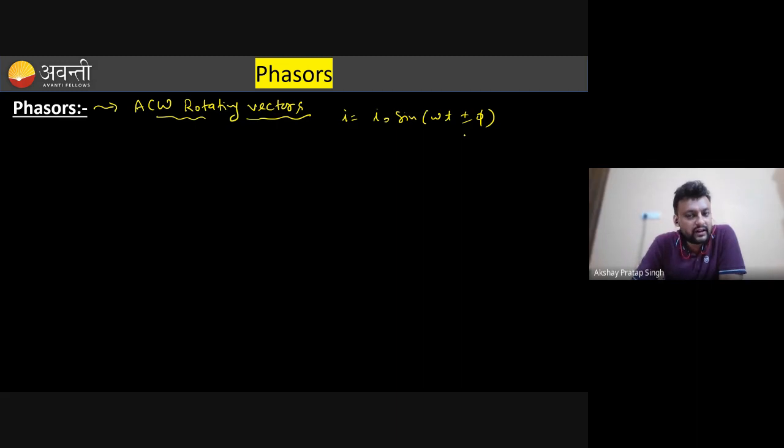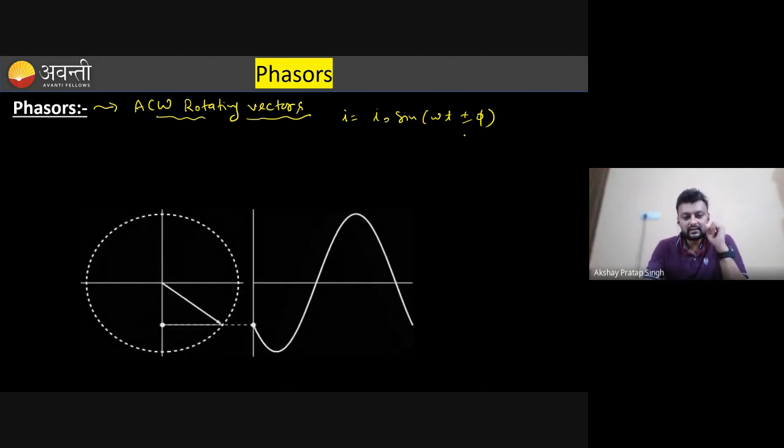This is the equation of current, and it is the same as the equation of SHM. In the chapter of SHM in class 11th, you must have seen that if a particle is moving in uniform circular motion, then its projection represents a sinusoidal wave like this. Can you see that?